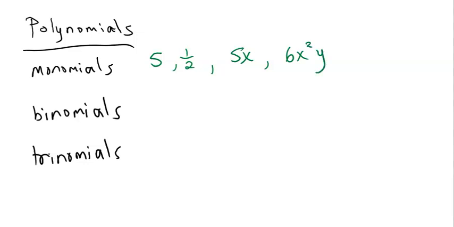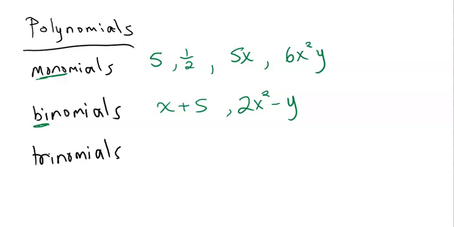When we look at monomials, we never see variables in the denominator. We also don't see variables underneath square roots. These are the kind of things that monomials look like. A binomial is when we add two monomials together. So mono we know means 1, and bi means 2. So something like the monomial x plus the monomial 5, x plus 5, would be a binomial. 2x squared minus y is also a binomial.